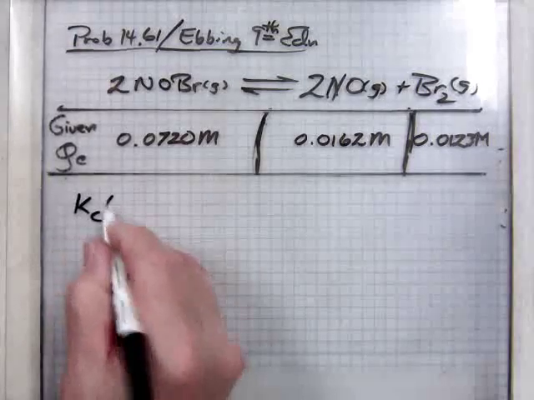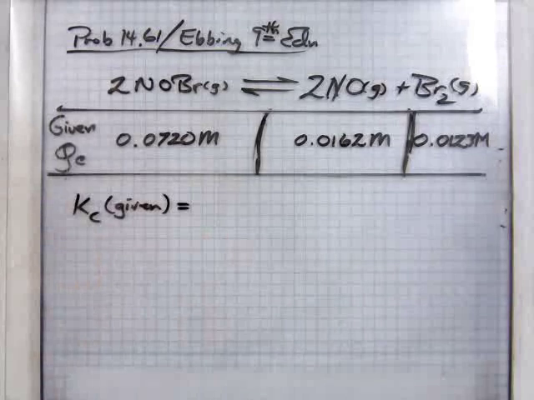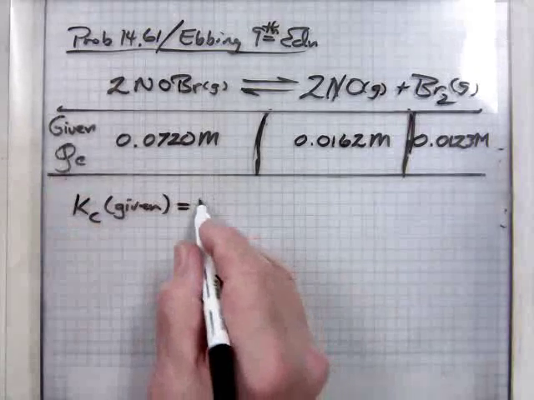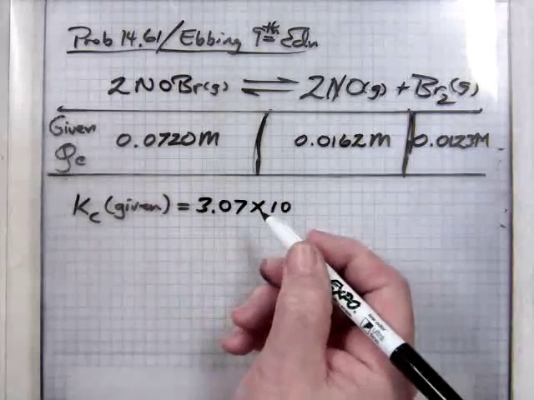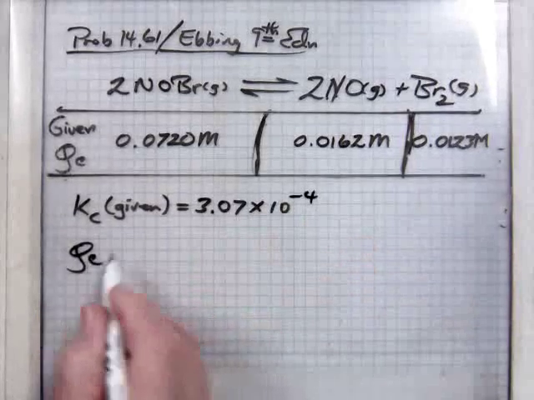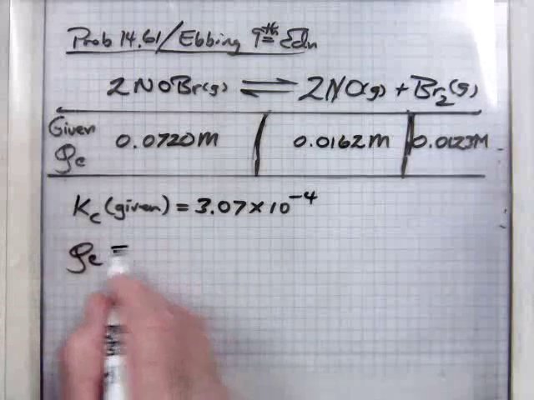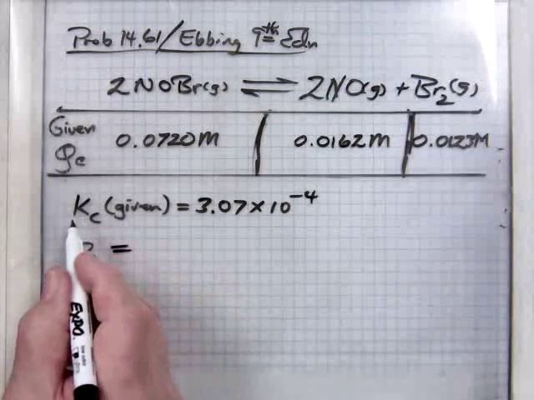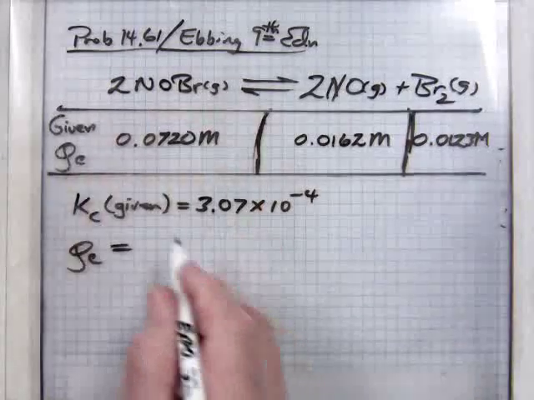KC is given in the problem to equal 3.07 times 10 to the minus 4, and we want to compare that to QC using the relationships that I showed you, and that is calculated the same way, expression wise, as the KC, products over reactants.